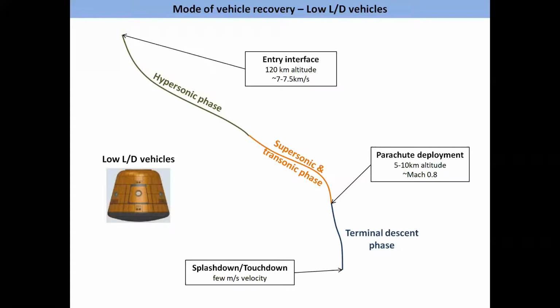It's not going to give you much trajectory maneuverability. So by the time you reach subsonic flight, you will be deploying a parachute, after which you have no control over where the vehicle goes, where the winds take you, you go there. So that's a terminal descent phase, and it splashes down or touches down in the ocean or the land as the vehicle is designed.